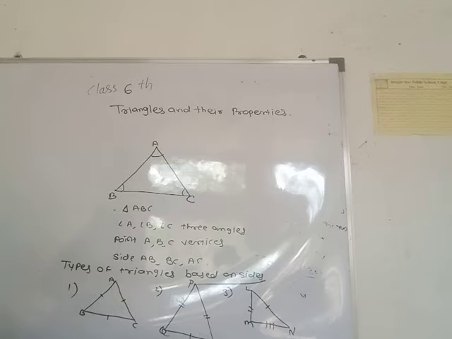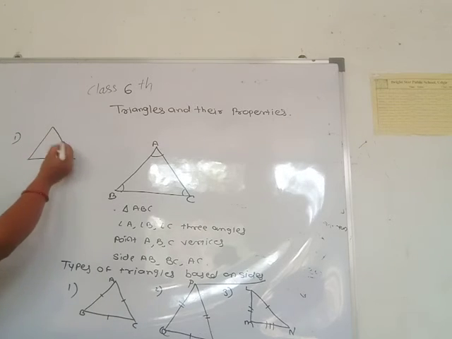Then next, types of triangles based on angles. First one is the acute angled triangle. See this figure DEF: all three angles are acute angles.